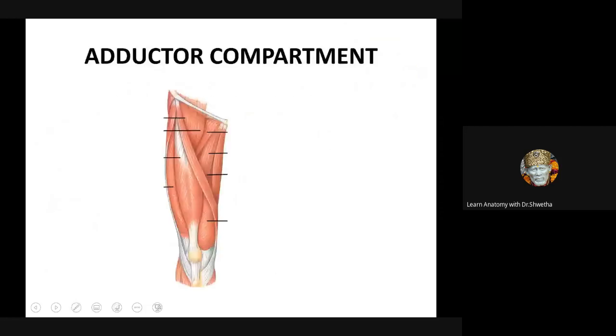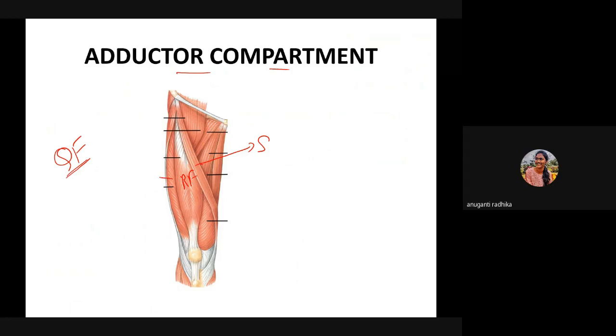Now, students, we study about the adductor compartment. Last class, we studied about the extensor compartment. Can someone tell me the muscles of the extensor compartment, students? Quadriceps femoris. Excellent. What are the components in quadriceps femoris? Very good. Rectus femoris. This beautiful muscle is sartorius. Rectus femoris.